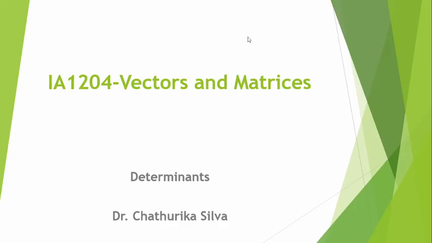So here today we are going to start the determinants. Right, determinants also I'm sure you have done, especially under the basic mathematics course, mostly you are concerned about finding the determinant of 2 by 2 matrices. Other than that, you have done 3 by 3 matrices as well.